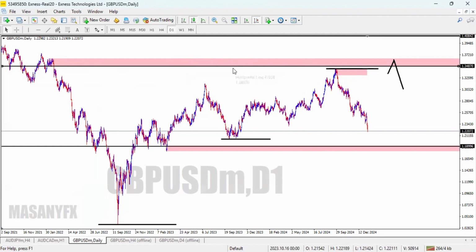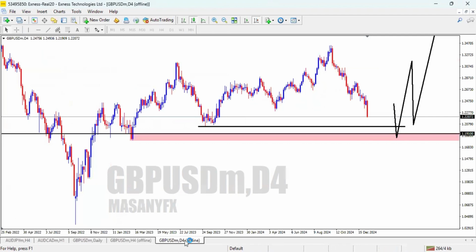They already placed their pending orders here, expecting the price to come back to activate them. And when the price drops from here, the TP will be here, as I mentioned before.